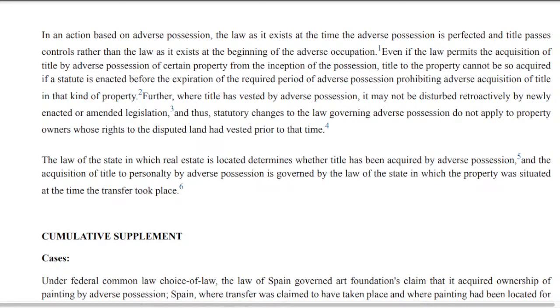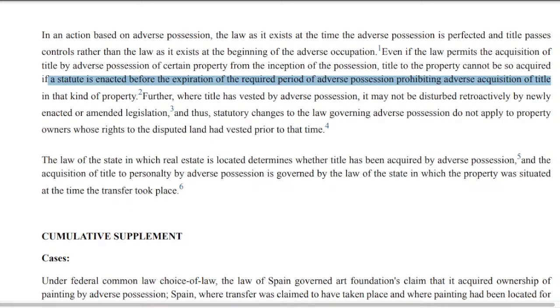But what it's saying, all right, let's get this timeline. Remember, the big thing about adverse possession is time, and to focus on time factors. So let's look at this. Even if the law permits the acquisition of the title by adverse possession of certain property from the inception of the possession, title to the property cannot be so acquired if a statute is enacted before the expiration of the required period.